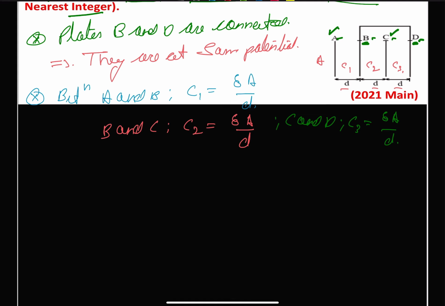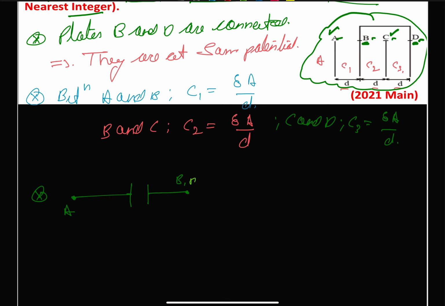So we have to form the equivalent figure for the given circuit. Let us start with point A. So this is point A, and this is point B, and points B and D are common.